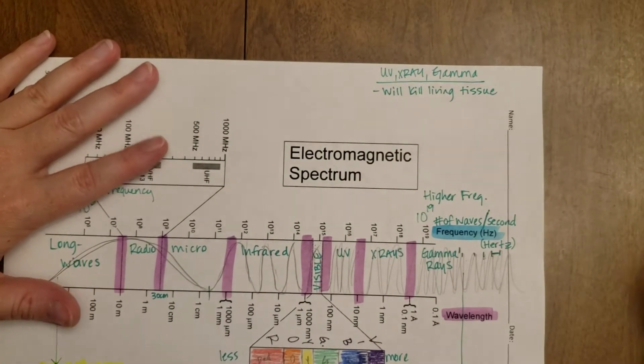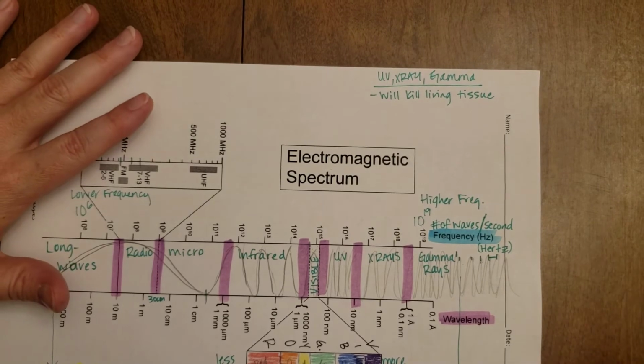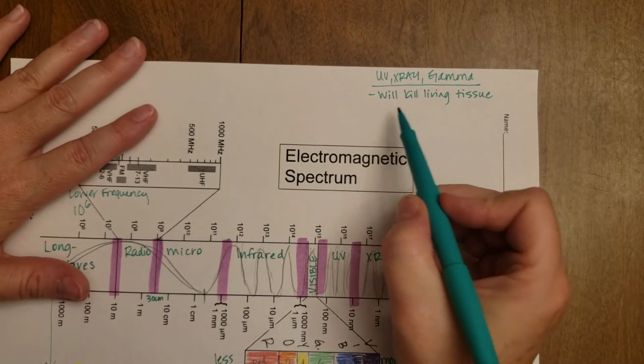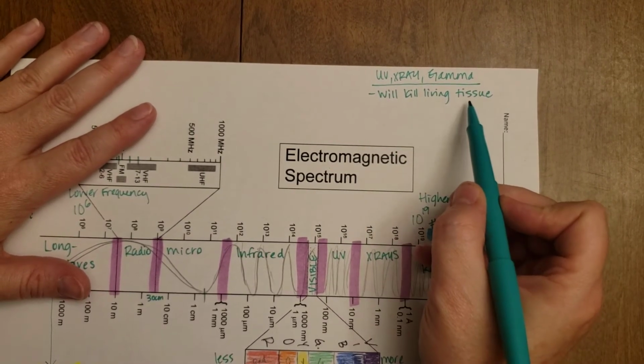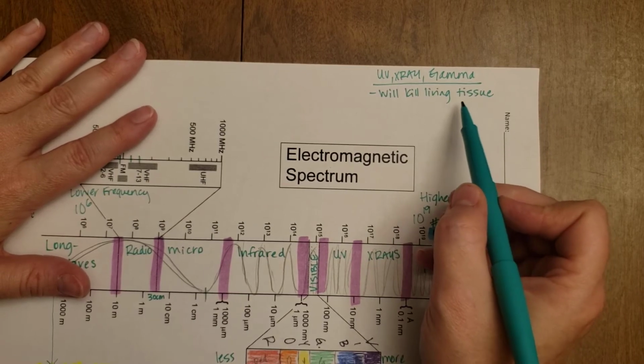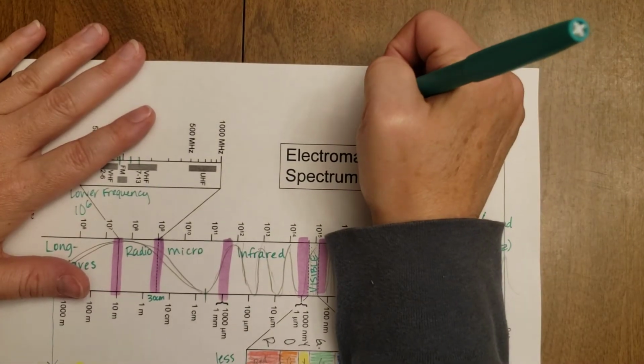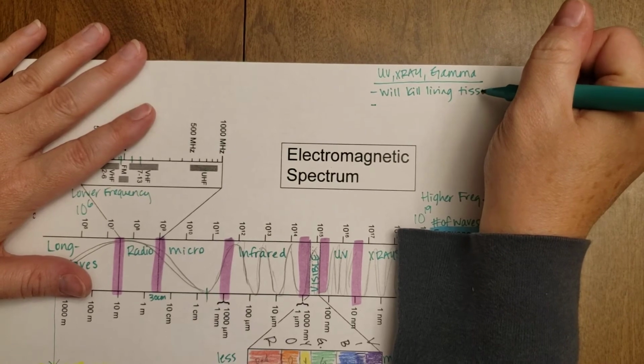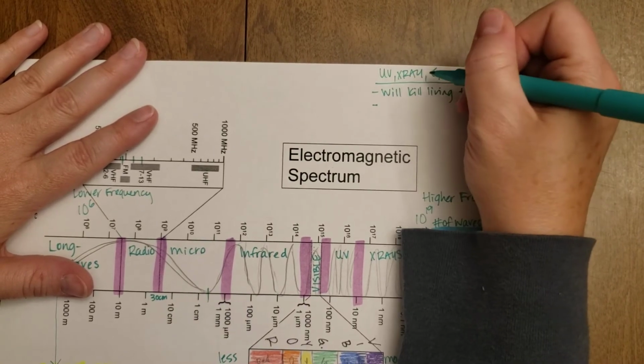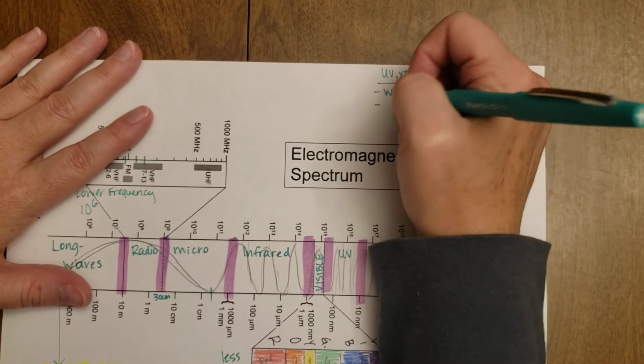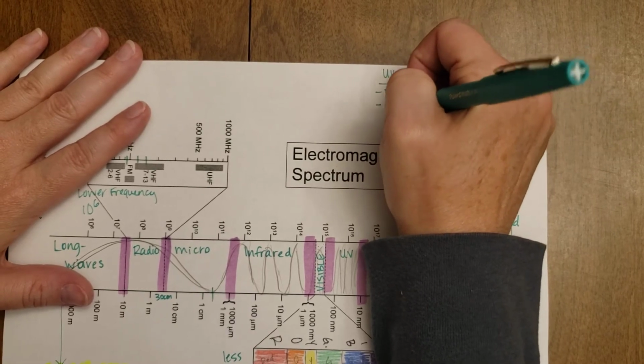So channel your information from last year when we said cells make tissues, tissues make organs. Those cells are living, and cells make up tissues. Those cells have DNA in them, and we can kill those cells and the DNA in them with UV, X-ray, and gamma rays. It will break down. Any of those can break down DNA.